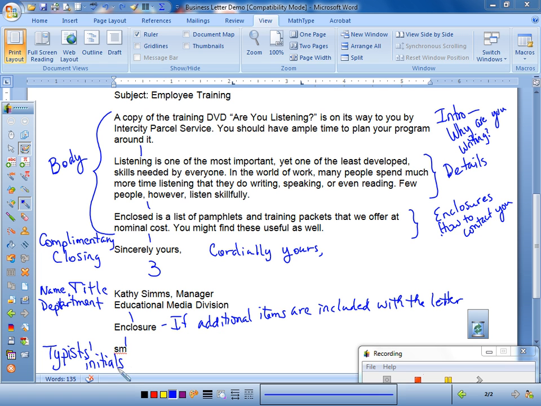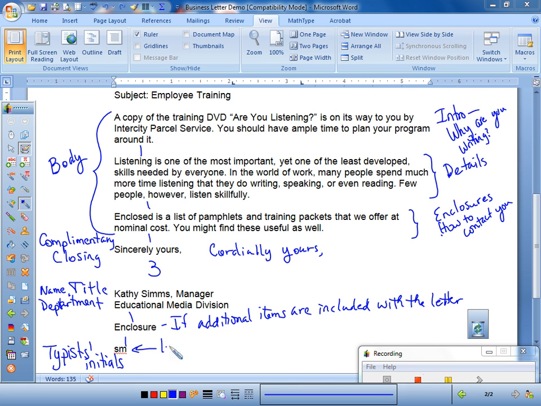If somebody else physically types the letter, they put their initials on it, so that if there's ever a question, those initials tell you who typed the letter. Notice, are they capitalized? No. Is there any punctuation? No. It is your lowercase initials. If you're the typist, it's always lowercase.